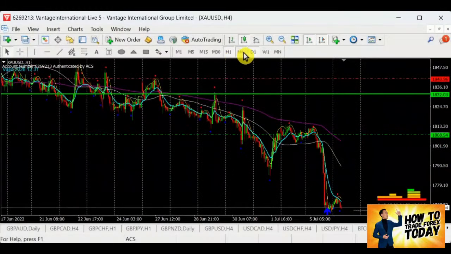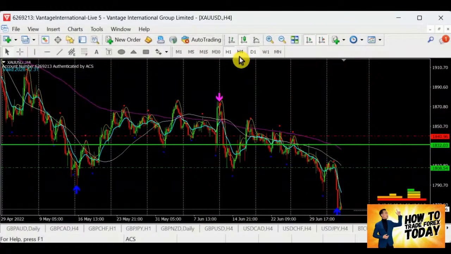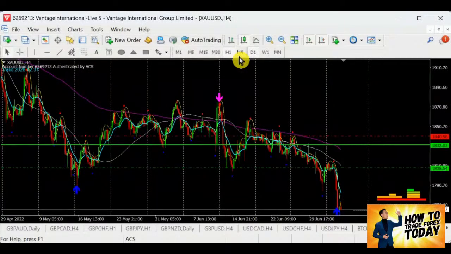And for gold, yes, Sabrina. For gold trading over here, I actually estimated about 1800. It came down to 1800 and it breaks through, correct? So right now is it time to buy or time to sell?